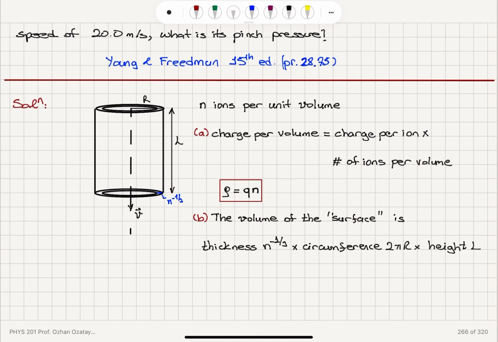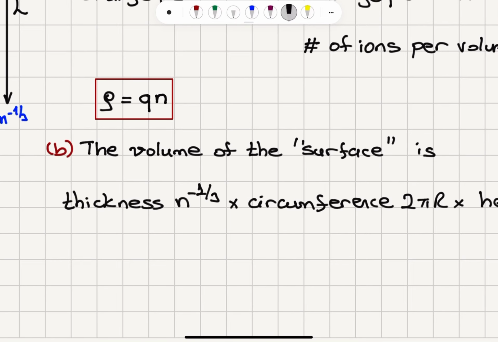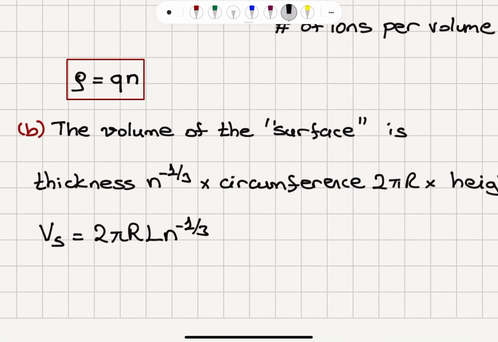So surface area multiplied with the thickness will give me the volume of this shell. The volume of this shell, V sub s, is 2 pi capital R L n to the power minus 1/3, because the surface area is 2 pi capital R times L.